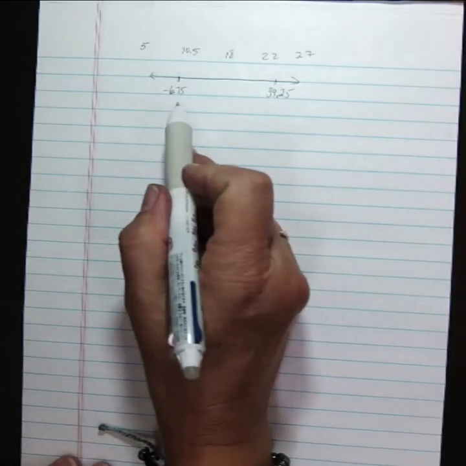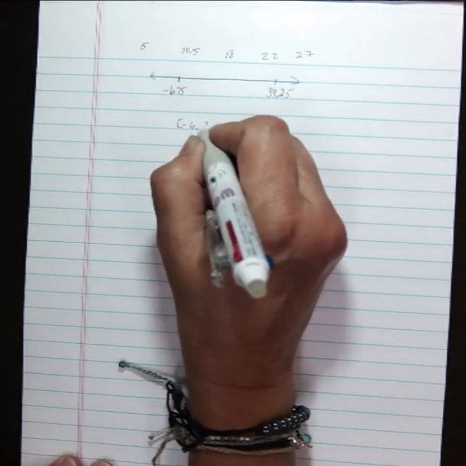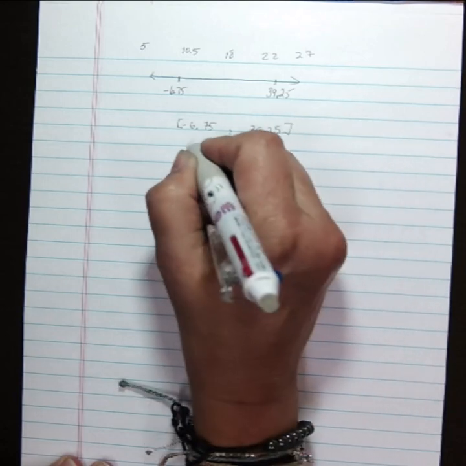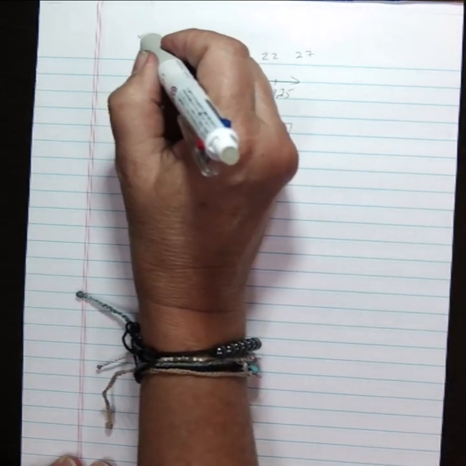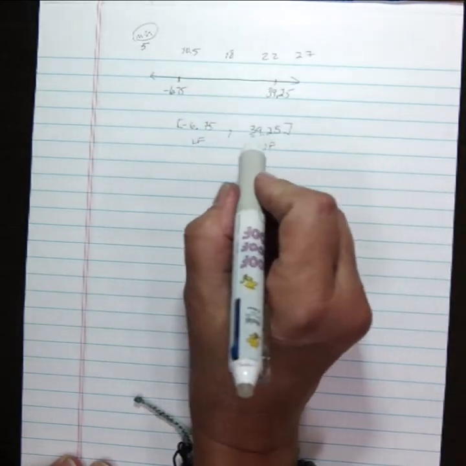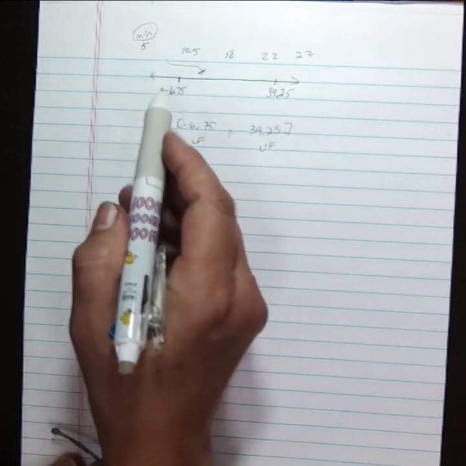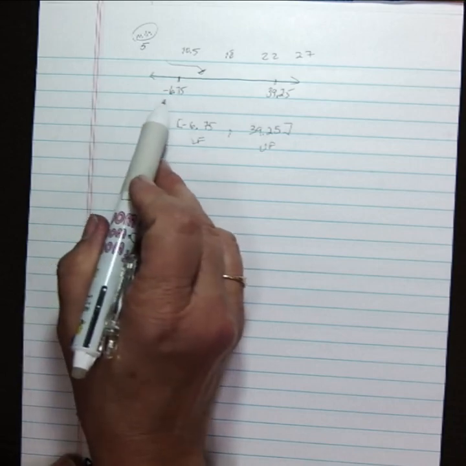So that means we have a range of data. We said our data values should be in between negative 6.75 and 39.25. Lower fence, upper fence. We calculated that. My minimum data value is 5. 5 definitely is within this range. So we know there's no outliers to the left of our lower fence.